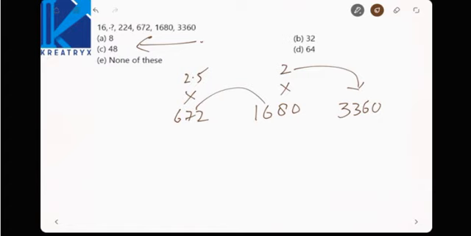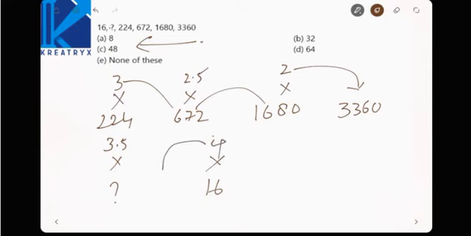Now 224 into 3 will lead you to 672. Yes. Now the next number must be 3.5. See here, question mark into 3.5 must lead to 224. And 16 into 3.5 is 56, so this must be 64.